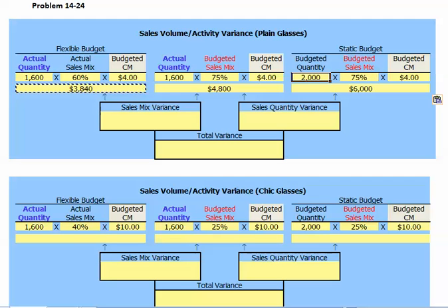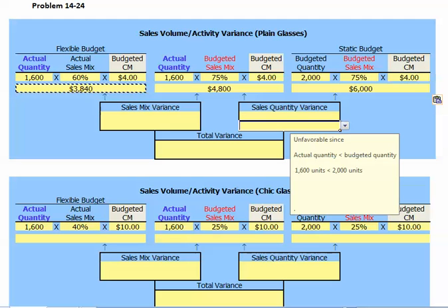And again, that would have been our 2,000 budgeted total quantity times our budgeted 75% sales mix times our budgeted contribution margin for plain glasses. In terms of our sales quantity variance, obviously it is going to be unfavorable since the actual quantity of 1,600 glasses was less than the 2,000 that we had budgeted.